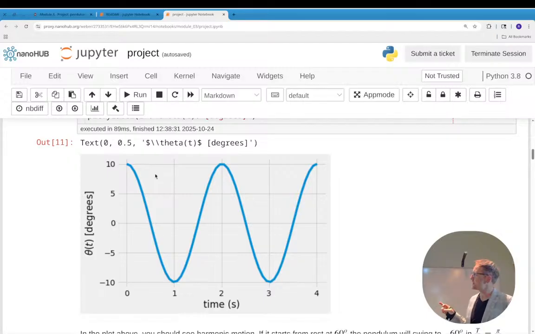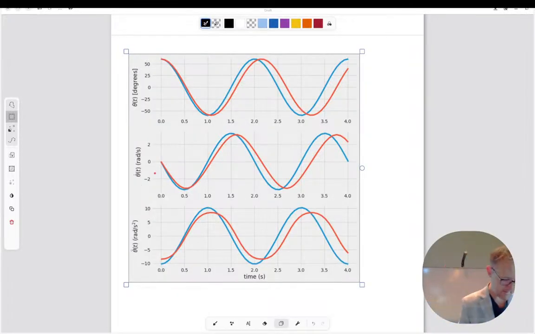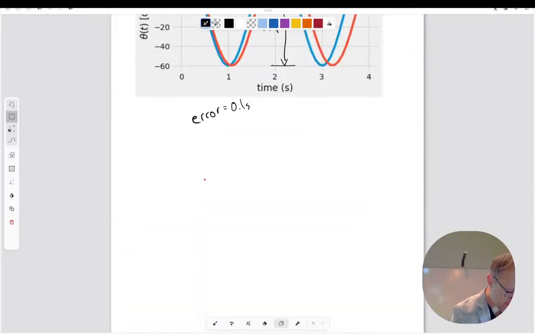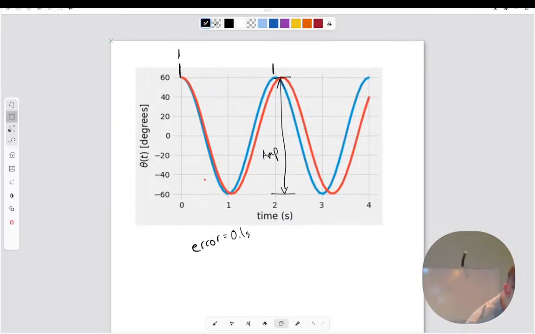What's the relation between time period and frequency? Is there a relationship? T is 1 over F? Yeah, I like that. So T.